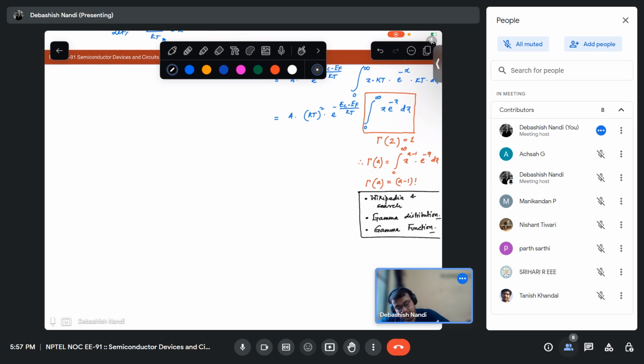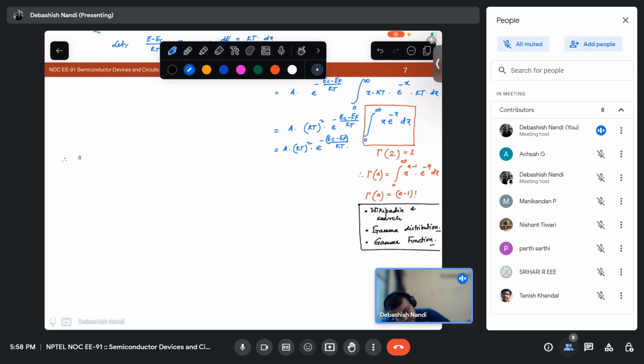So moral of the story, the integration will be this: n is equal to a kT square, exponential of minus Ec minus Ef over kT. Similarly, you can write for p also.